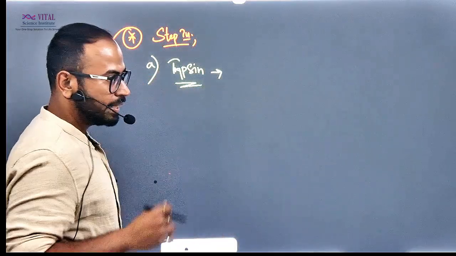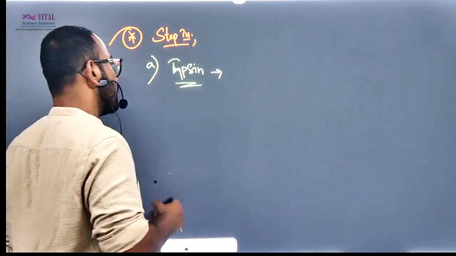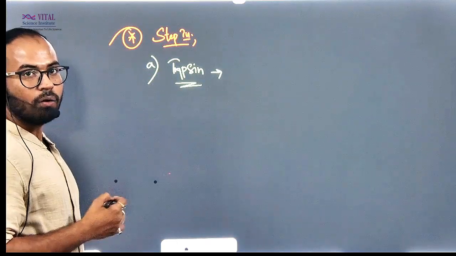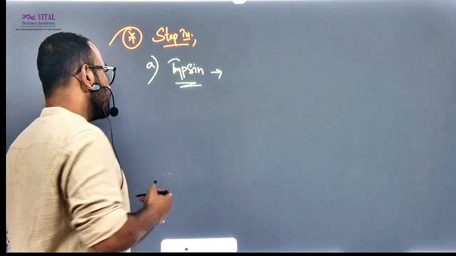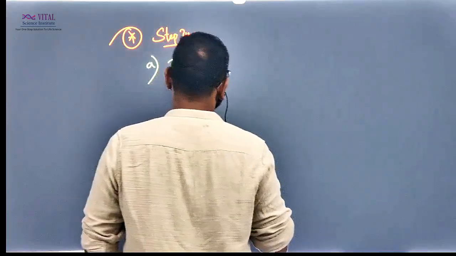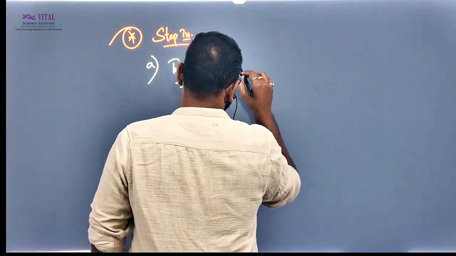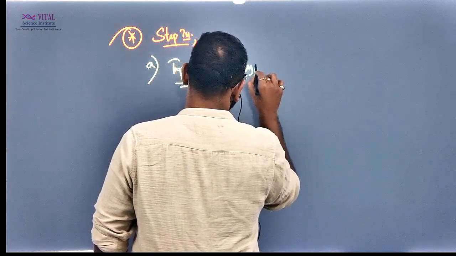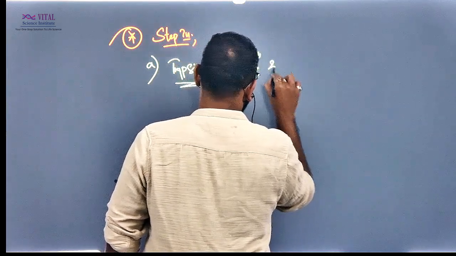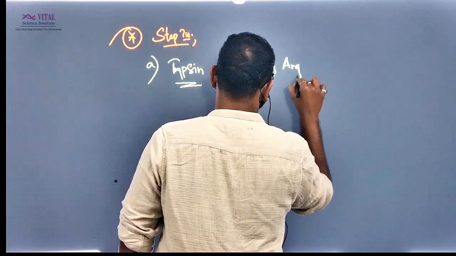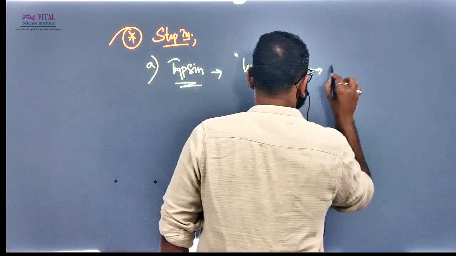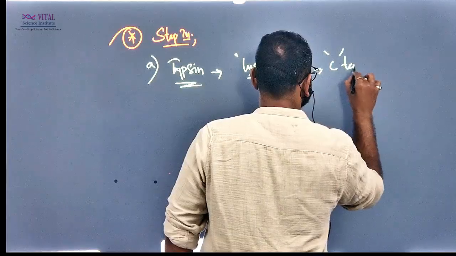Trypsin in general cleaves the peptide bond. These are all endopeptidases. So trypsin cleaves the peptide bond based upon the presence of lysine and arginine at their C terminal end.